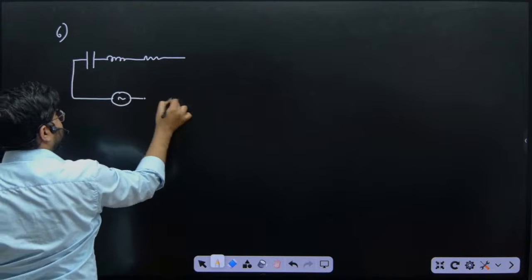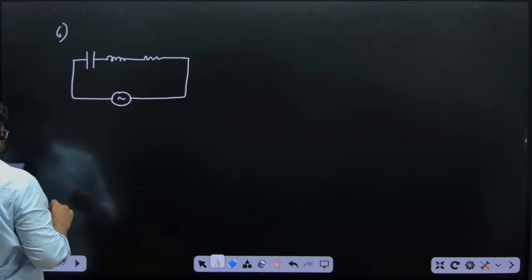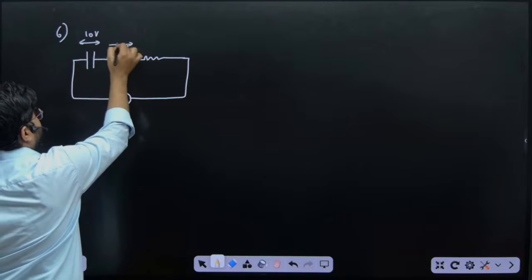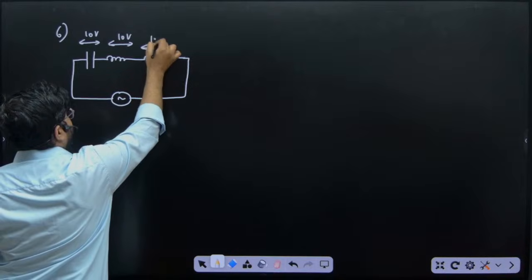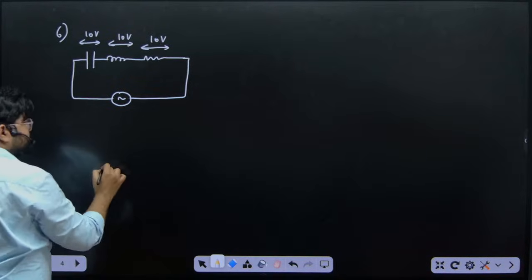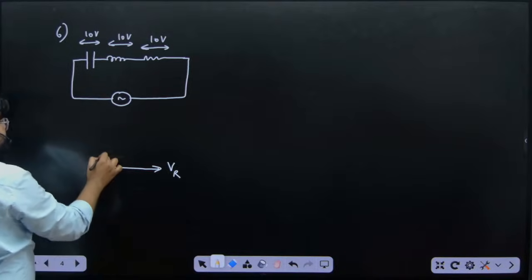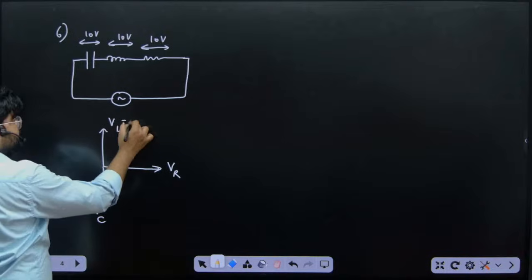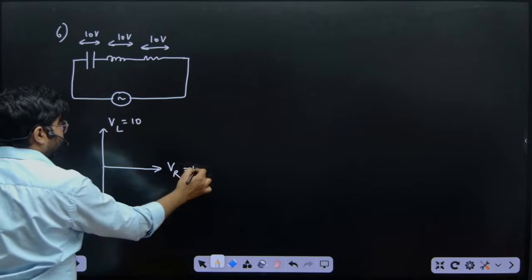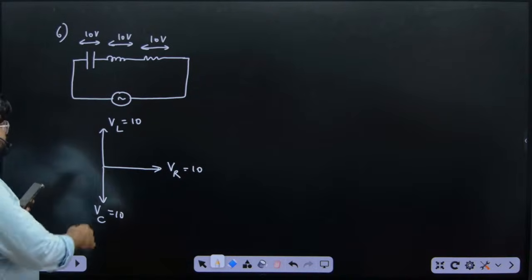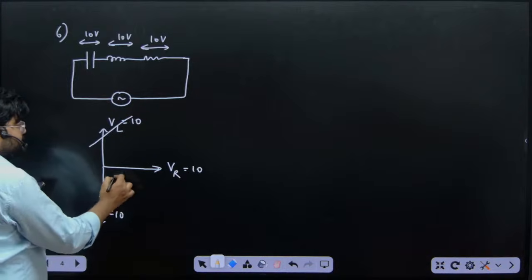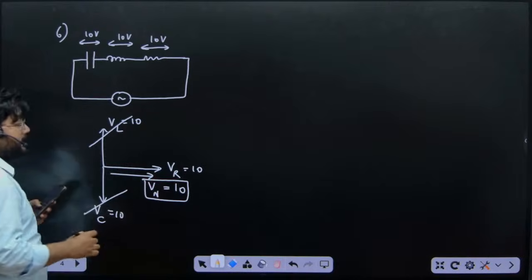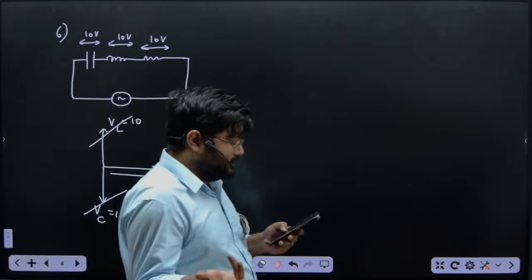Some supply voltage is there, and each has voltage drop 10 volt. If I were to draw the phasor diagram, voltage across resistor, inductor, and capacitor, all three are 10. The inductor and capacitor voltages cancel, so the net voltage is 10, and here we are talking about the RMS values. If nothing is given, it is the RMS values.